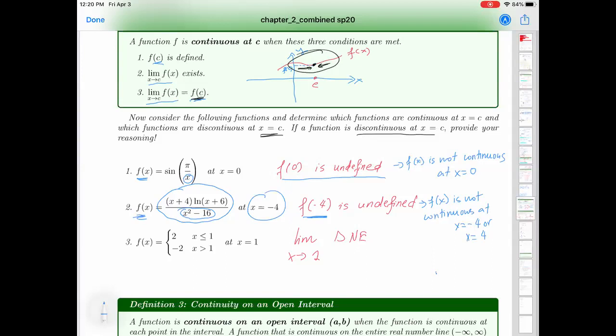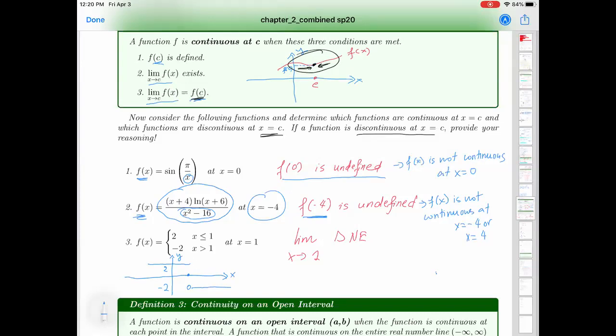All right, the next function is a piecewise function, where you have different functions on different intervals. When x is less than or equal to 1, the function equals 2. And if x is greater than 1, the function equals -2. So this is 2, this is -2, this is x, this is y.